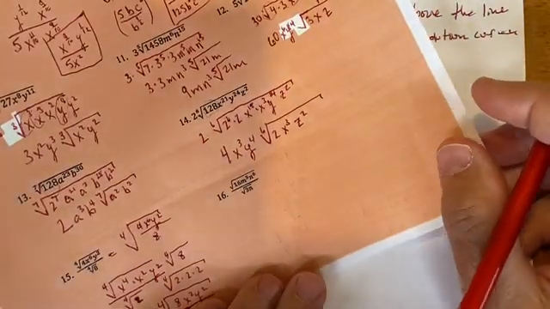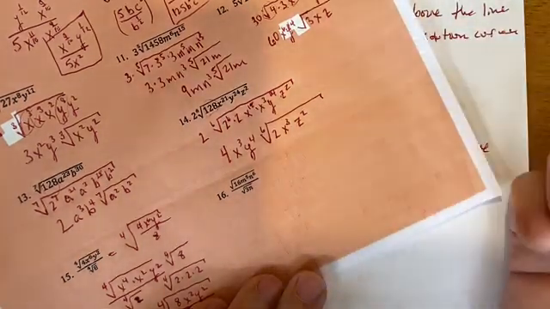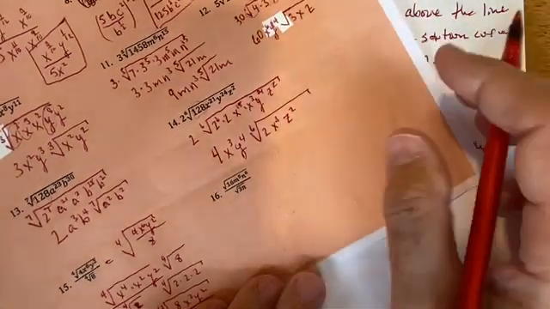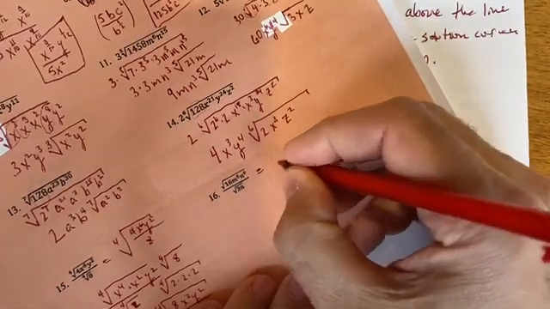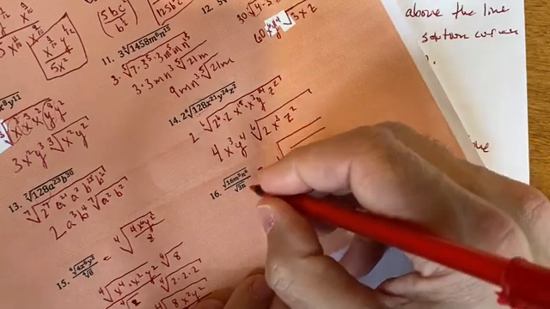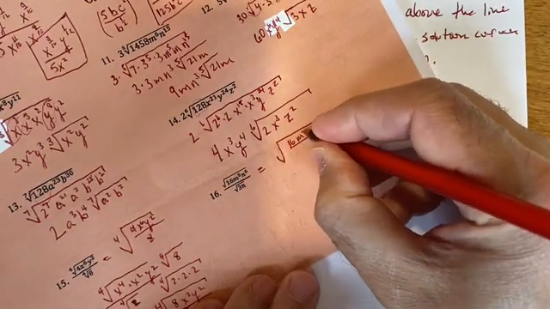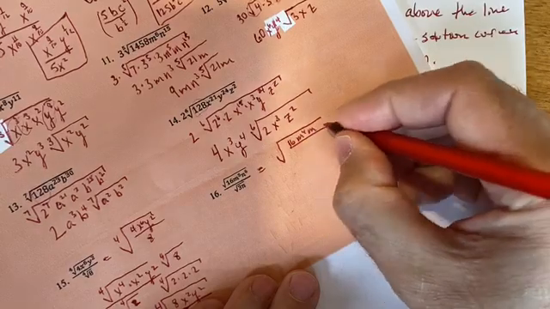On this one, I'm going to rewrite this with one fraction. 16 m to the 4th m.